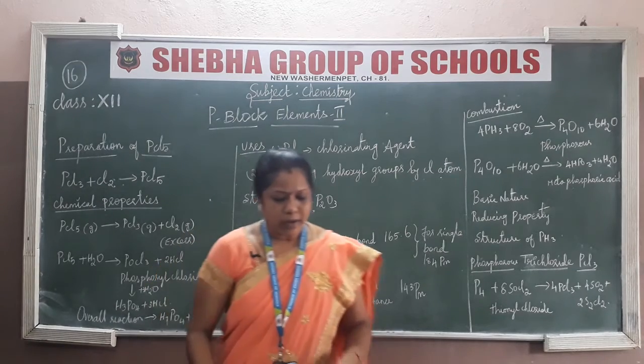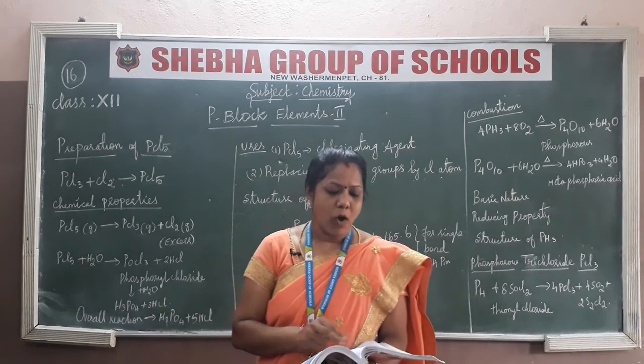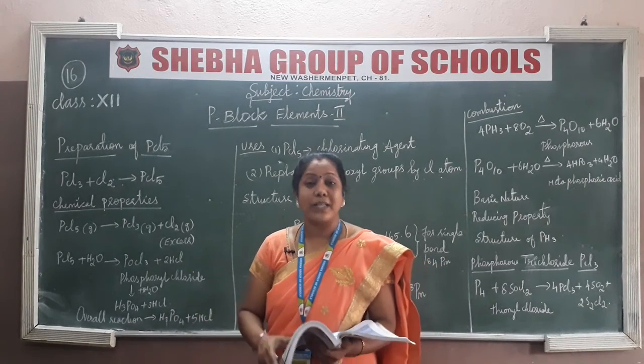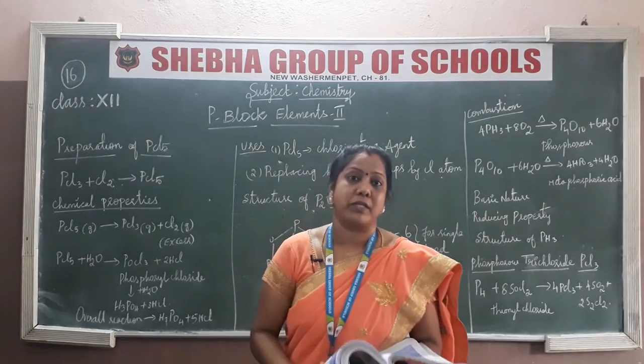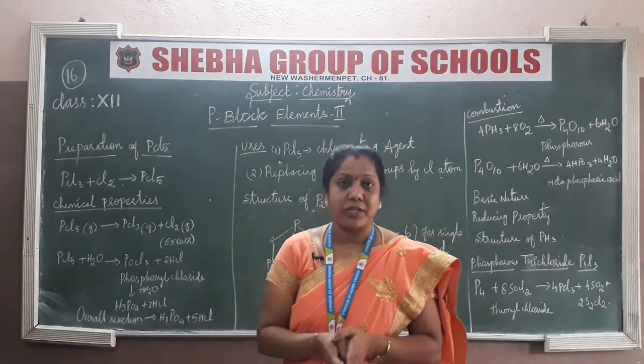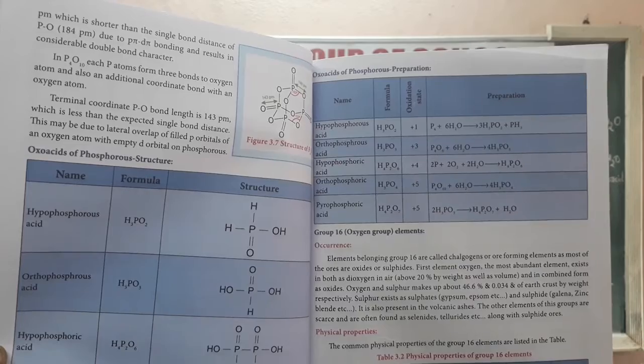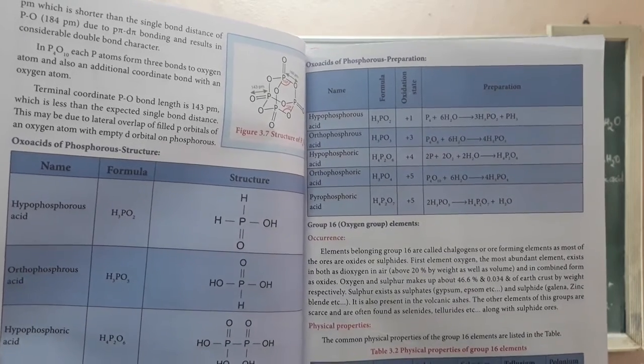Okay, then go for the next concept. That concept is the oxoacids of phosphorus, structures along with preparations. What are the preparations and what are the structures, we will see in your textbook. Okay, this is the oxoacids of phosphorus structures.